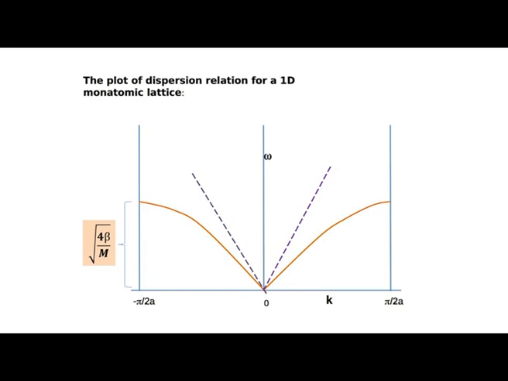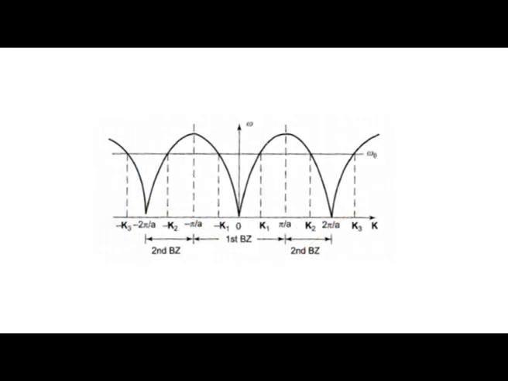It will behave like a sine function. And as you go further into the second, third Brillouin zones, it will be a repetition of the same thing. The slope of the dispersion curve is what?